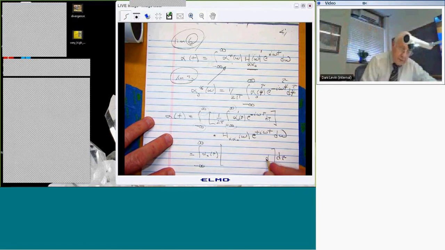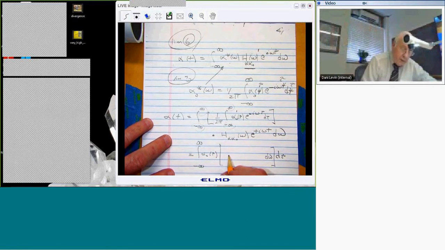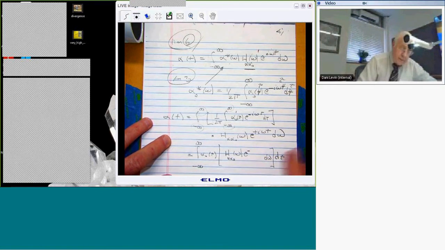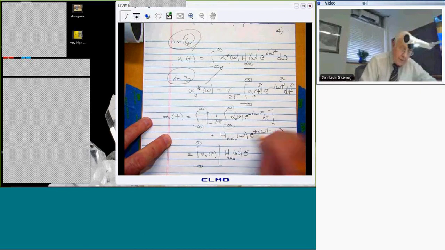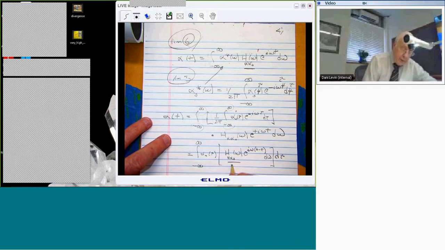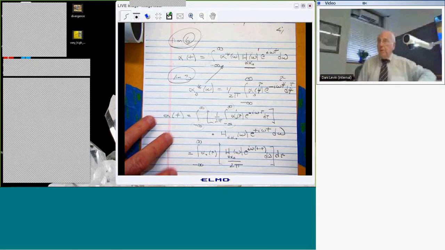And that will be h alpha naught of omega e to the I omega. There's a plus t and a minus tau, so that's t minus tau, d omega. And there's also a 2 pi, and I'm going to put the 2 pi there. Okay.